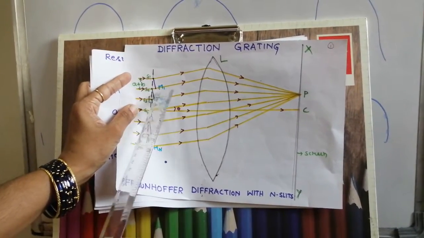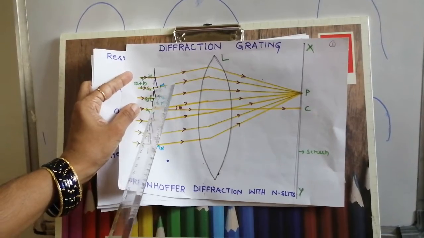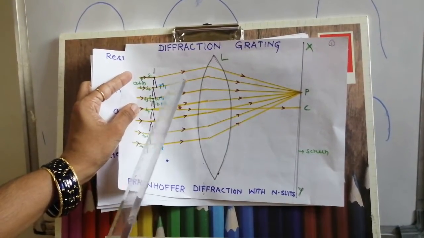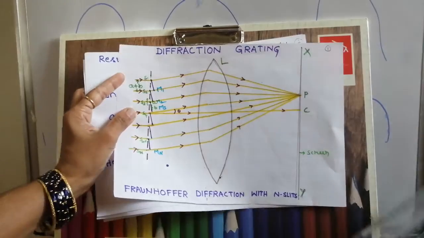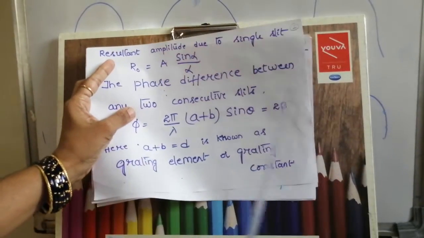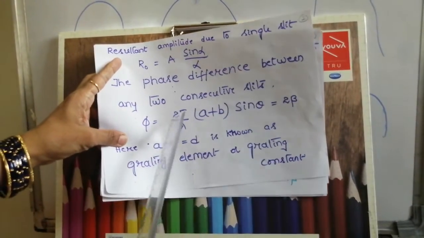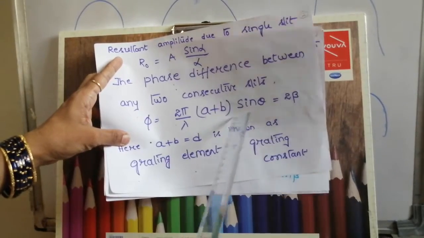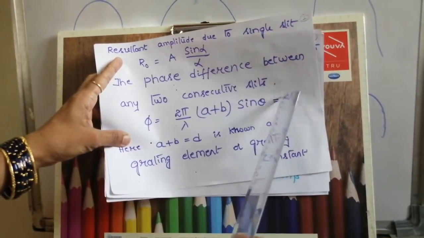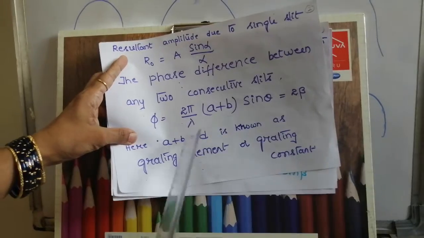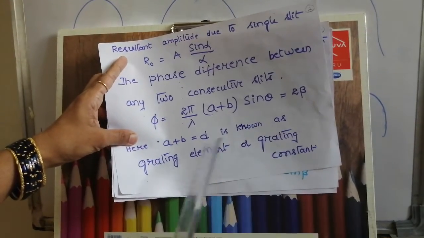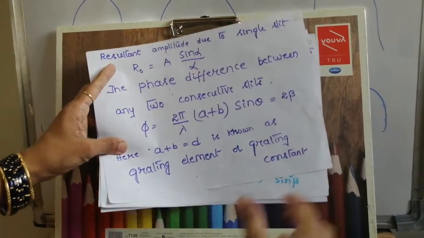So the path difference is S2M1, that is (a plus b) sin theta. Already we discussed it in earlier cases. So the phase difference between any two consecutive slits is 2 pi by lambda (a plus b) sin theta. Let us rename it as 2 beta. Here a plus b equal to d is known as the grating element or grating constant.